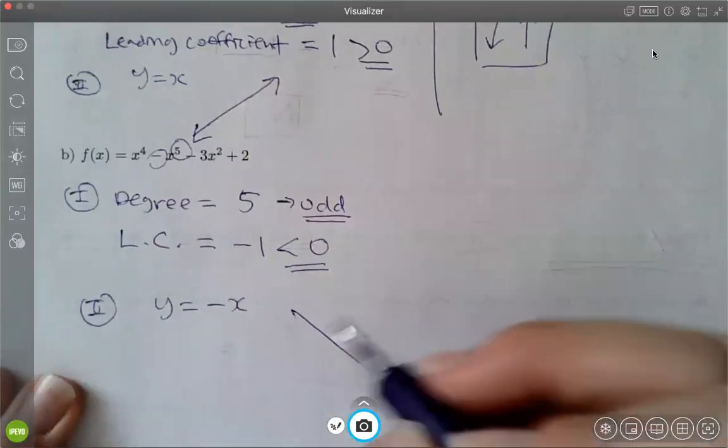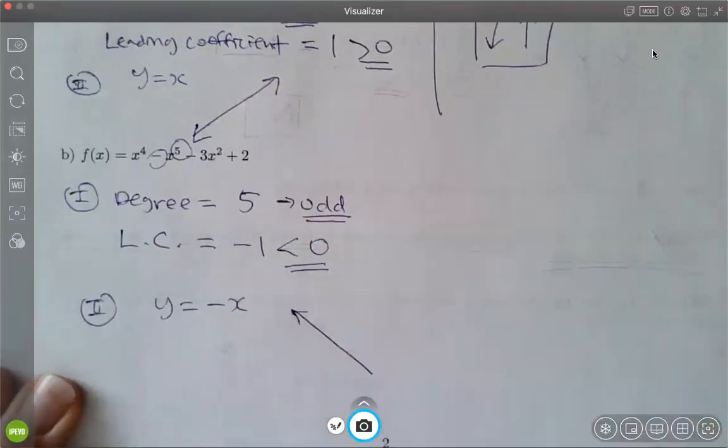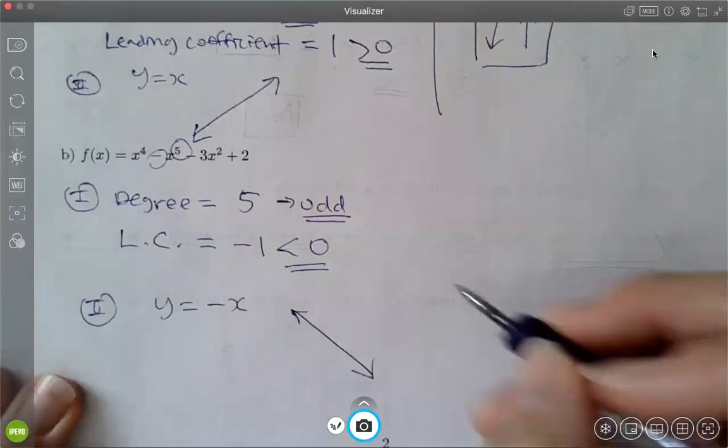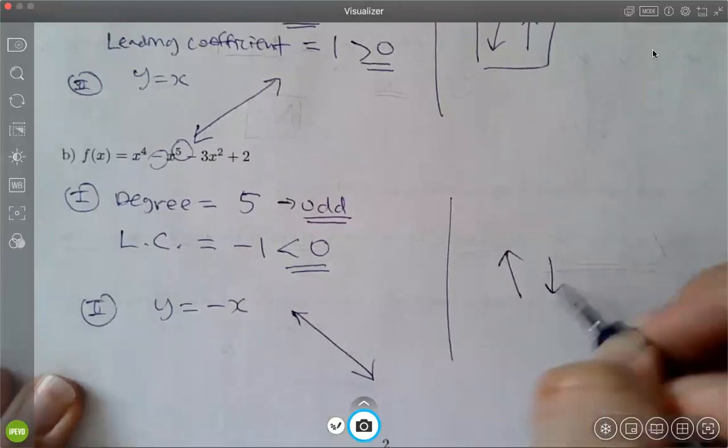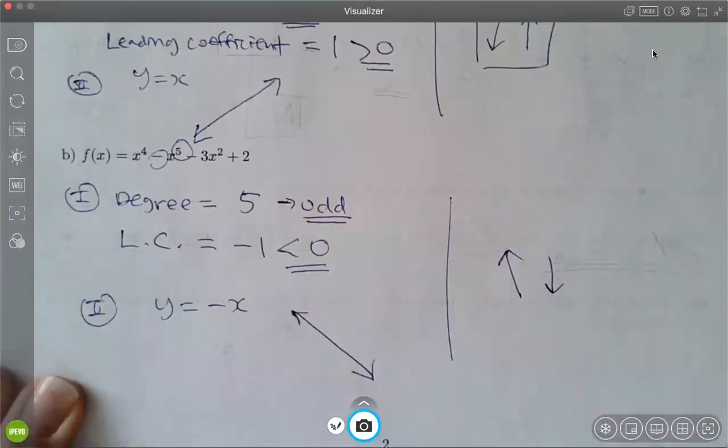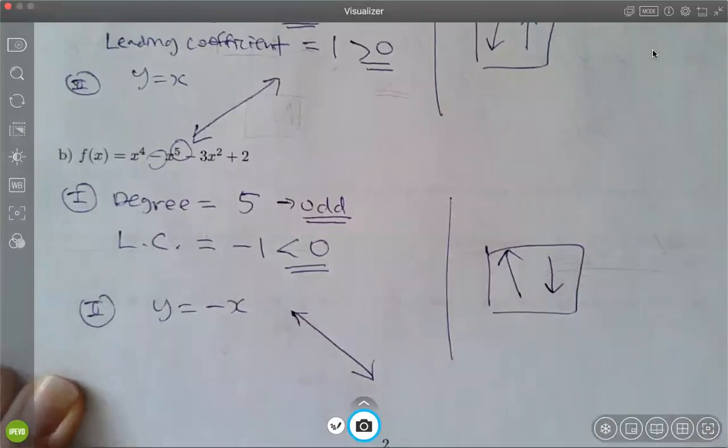According to this graph, the left hand is going up, the right hand is going down. So what is the end behavior? Up, down, right? So that is B.